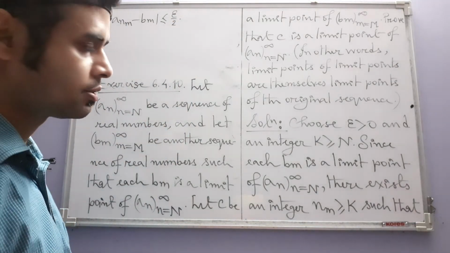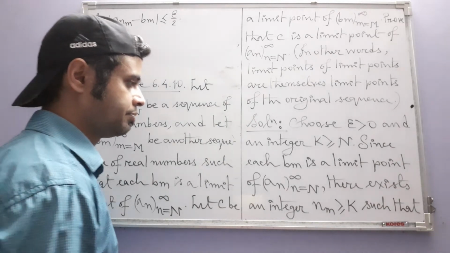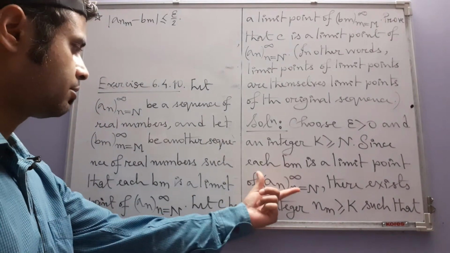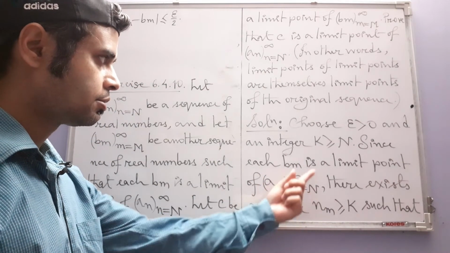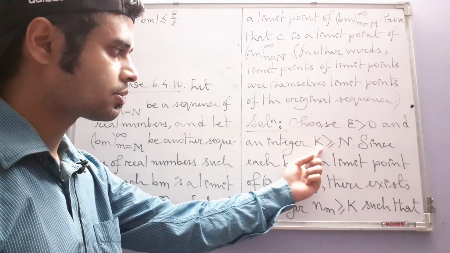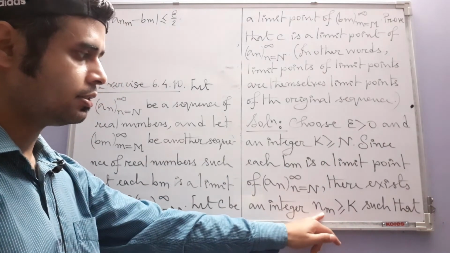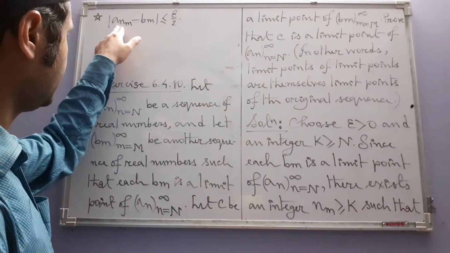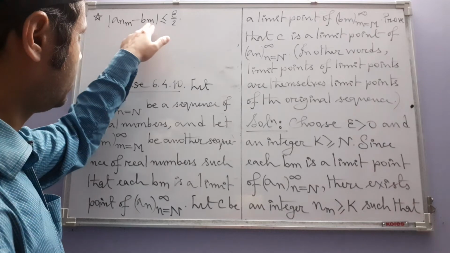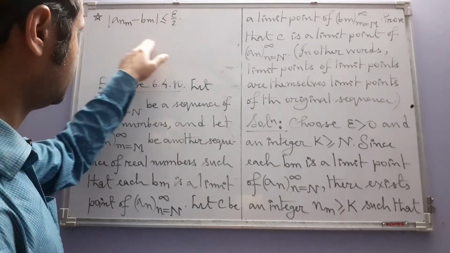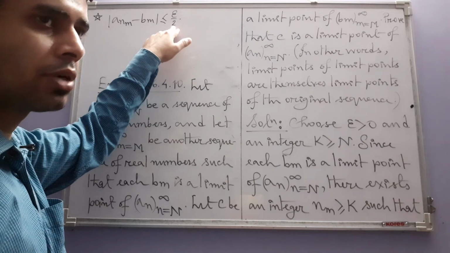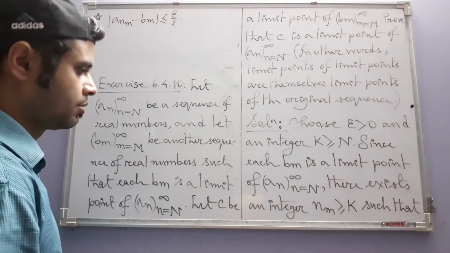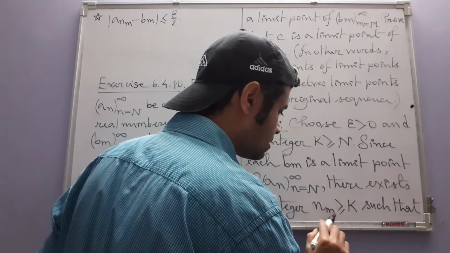There are some things to be explained here. Bm is a limit point of this sequence. So for this epsilon and this stage, we would get an integer greater than or equal to that stage such that the corresponding A term and the Bm term, the distance between them is less than or equal to, in place of epsilon, we have decided to write epsilon by 2, which we can do. But why this suffix m?